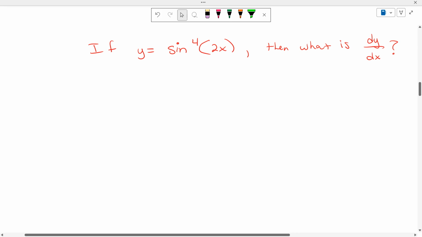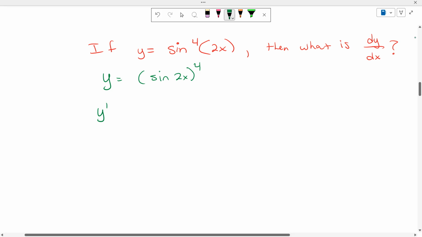This would be what? Chain. The original is sine of 2x to the 4th power.